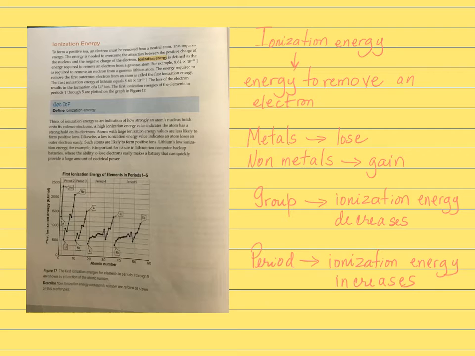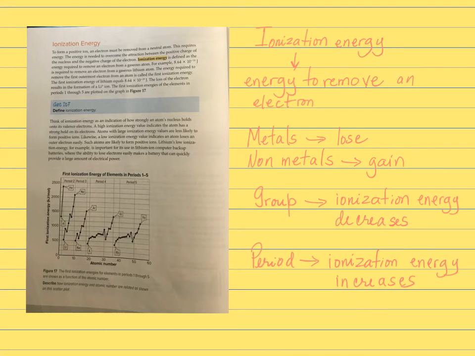If metals are losing electrons, it's going to be difficult to remove the electrons they have in the last level of energy. So when you move across the period, the ionization energy is going to increase. And that makes sense because the non-metals are accepting. They are not giving away the electrons. So it's very difficult.